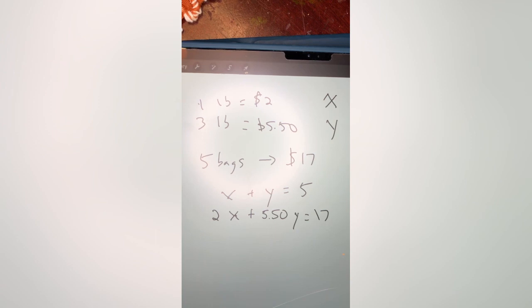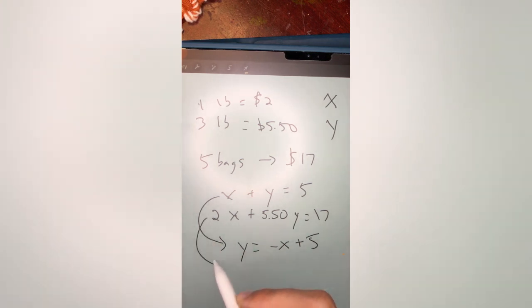Okay, so I want to isolate Y in each one of these situations. So let's go ahead and do that. I'm going to start with the top one. I'll say Y is equal to negative X plus 5.